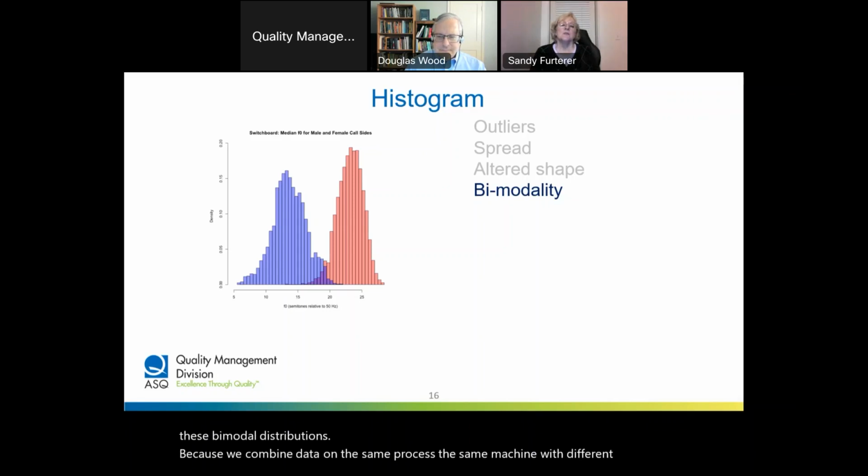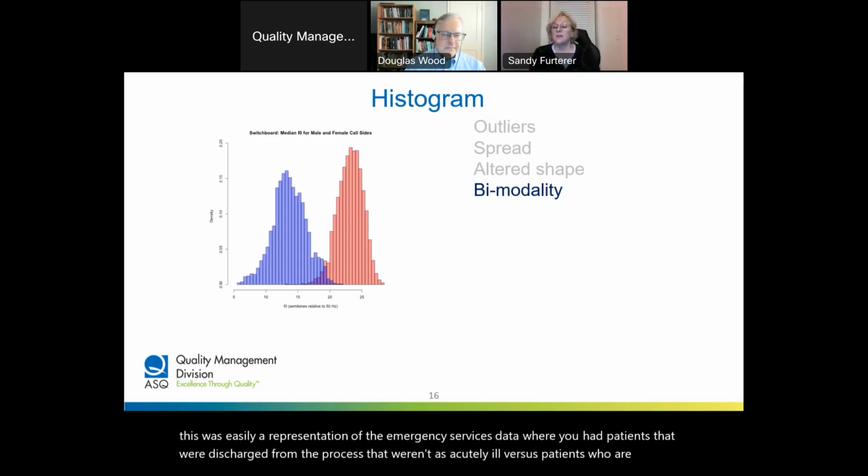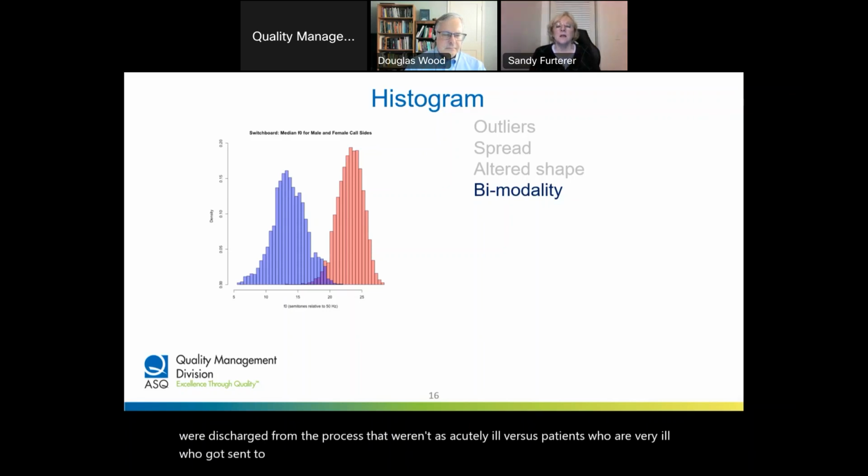We see this easily in a representation of the emergency services data, where you had patients that were discharged from the process that weren't as acutely ill versus patients who were very ill who got admitted to the hospital or had to go directly into surgery.